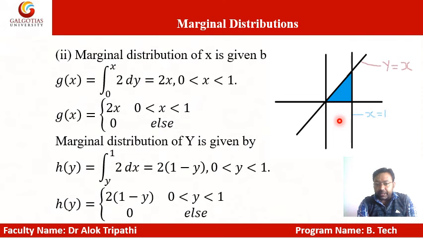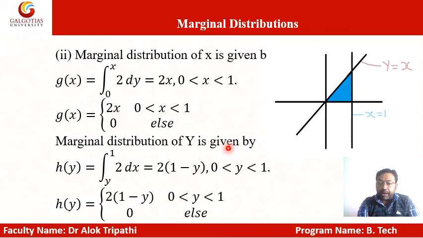We have taken this strip. y is starting from 0 on the x-axis, and we will move till the y equals x line. So 0 to x, 2 dy. This will give you 2x, and x was starting from 0 and varying till 1. So our marginal distribution for x will be, when x lying between 0 to 1, the value is 2x, otherwise it is 0.